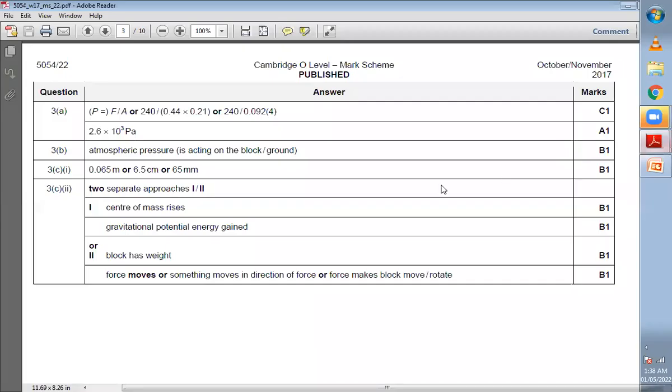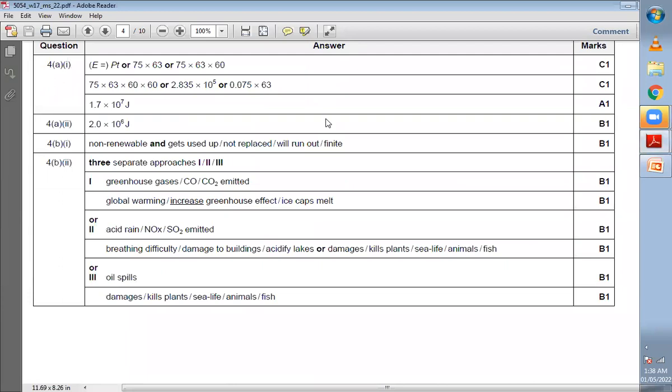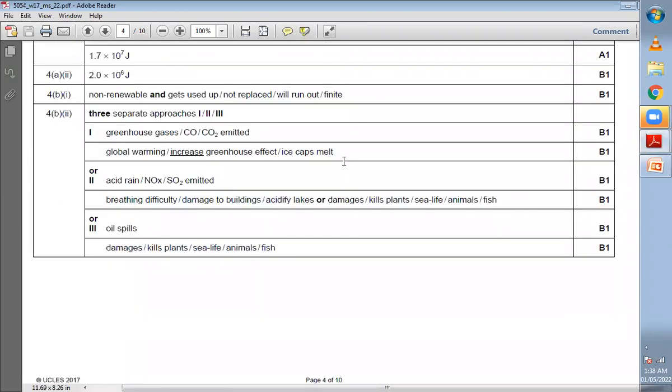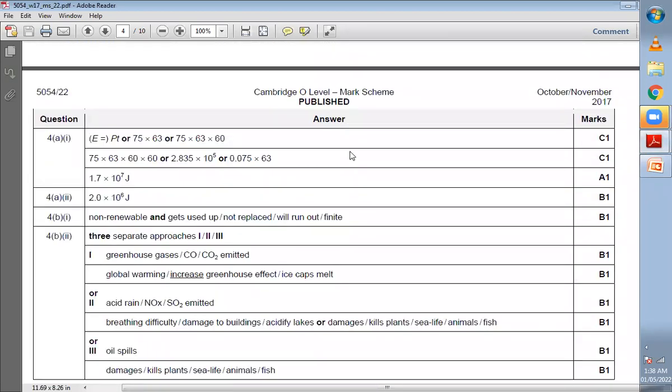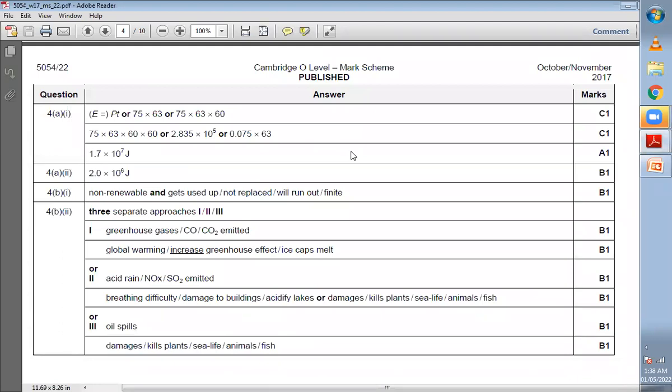Okay, so we are done with question number 4. My dear students, on your screen, the marking scheme for question number 4 is showing up. Whenever you solve a question, it is always very important to pause the video, take your time, read this marking scheme, and compare your answers with it.